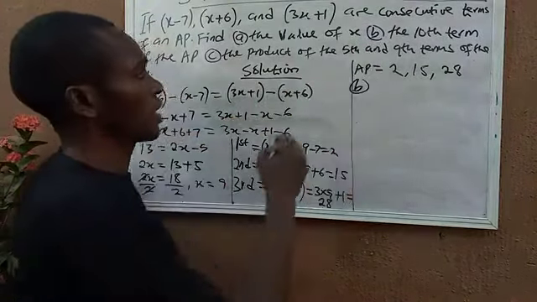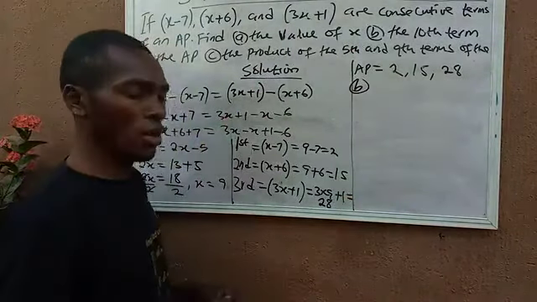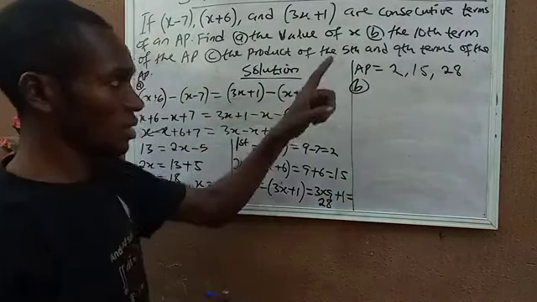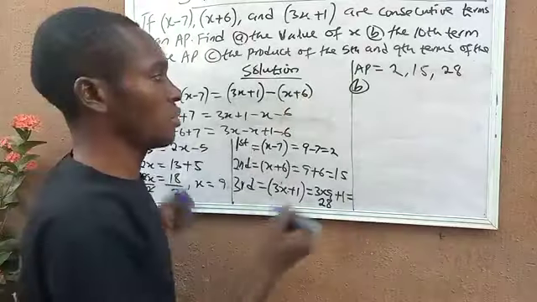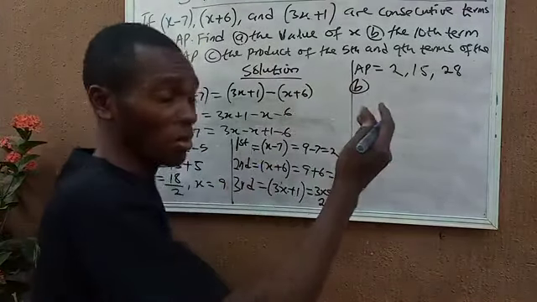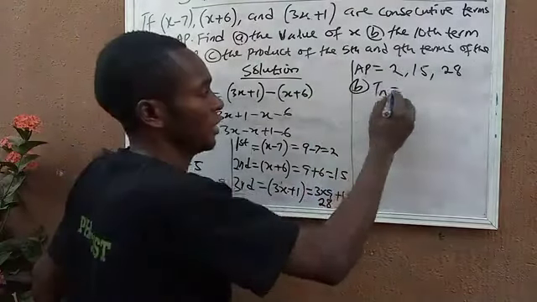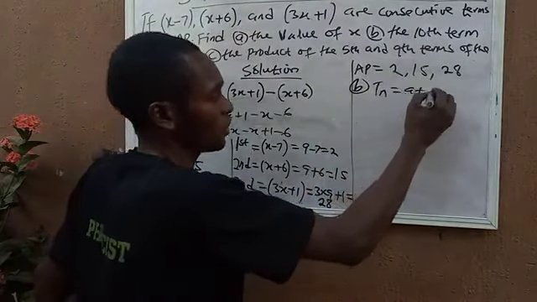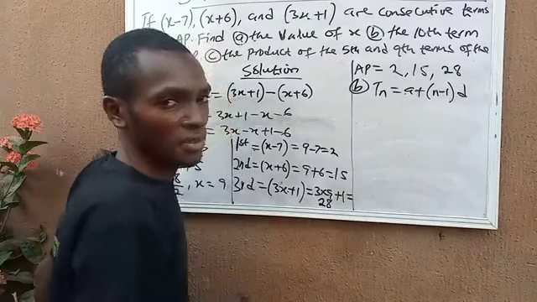Now, B says that we should find the 10th term of the AP. The 10th term of this AP can be found by using the general formula for AP, Tn. In our previous video, we gave this formula: Tn is equal to A plus, open bracket, n minus 1, D. D is the common difference.